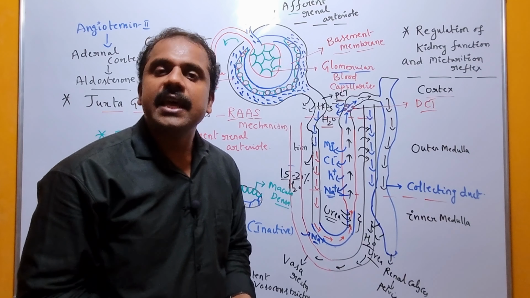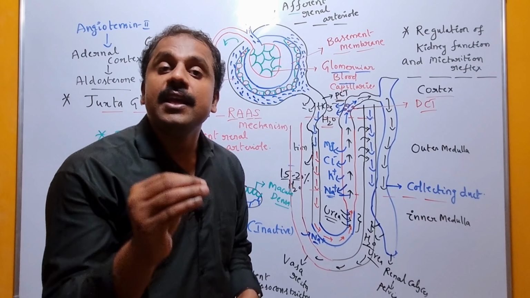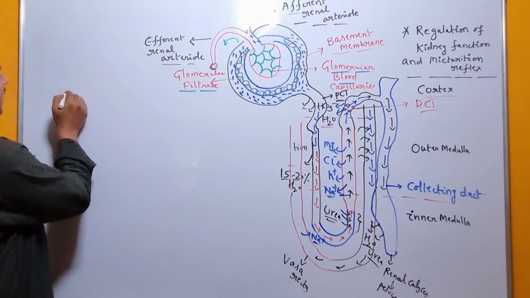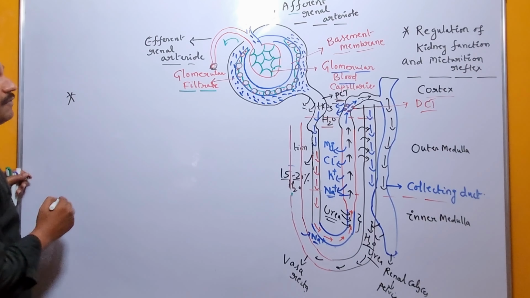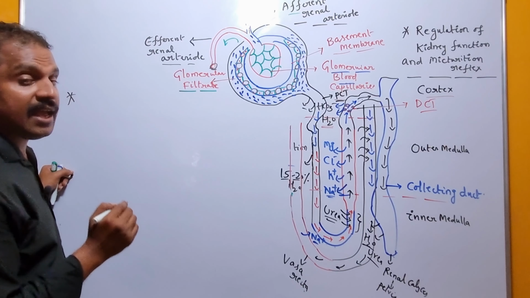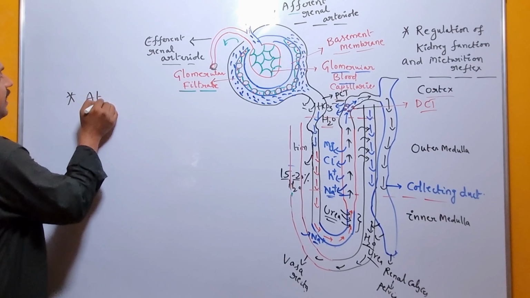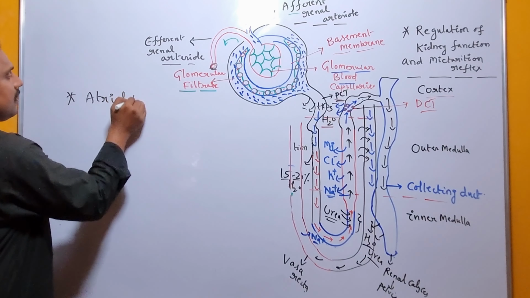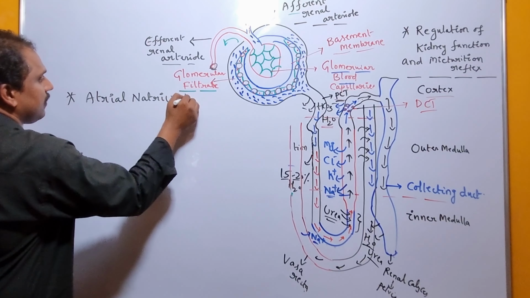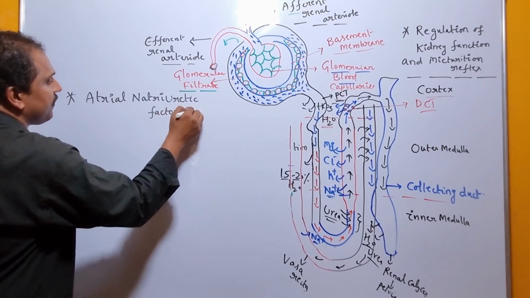Is it clear? Then we will be studying the atrial natriuretic factor, which is synthesized by the walls of the human heart. So the next factor which is responsible for regulating the kidney function so efficiently is nothing but what? Atrial natriuretic factor, which is simply abbreviated as ANF.